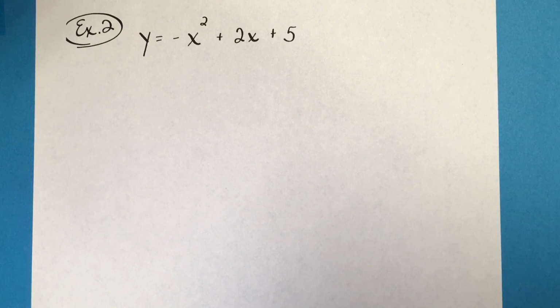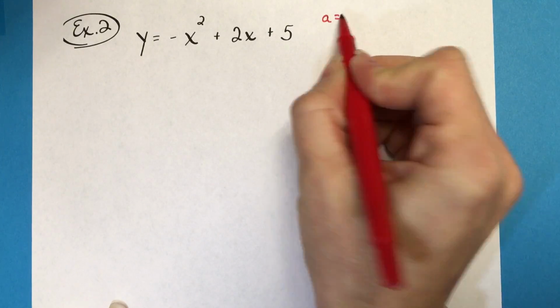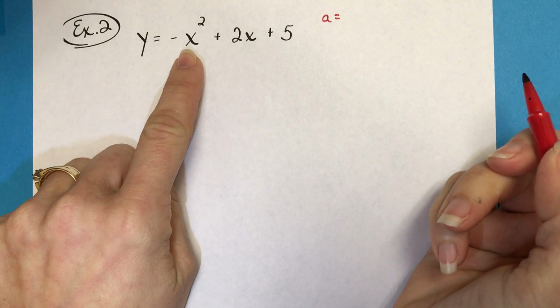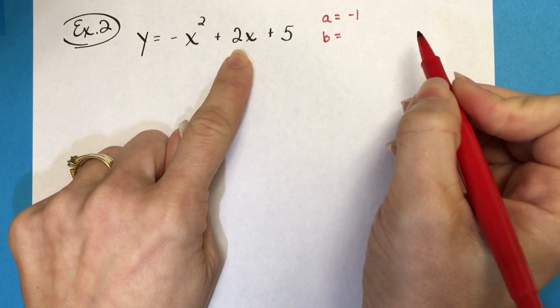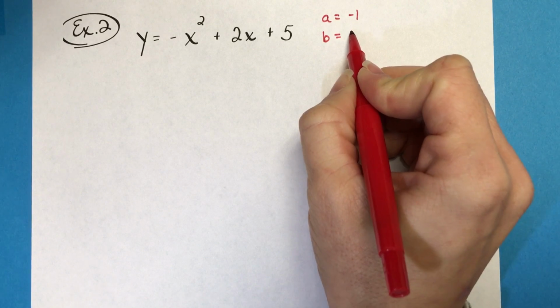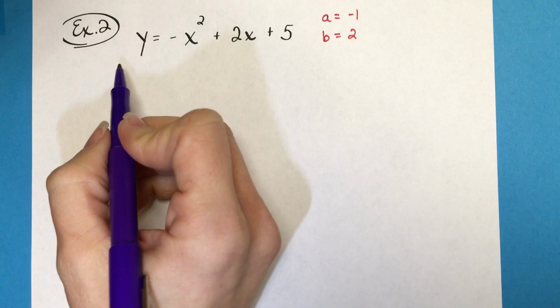Okay, so let's go ahead and identify a and b. So a is the coefficient of x squared, so that would be -1. b is the coefficient of x, which would be +2. Okay, so finding the vertex.